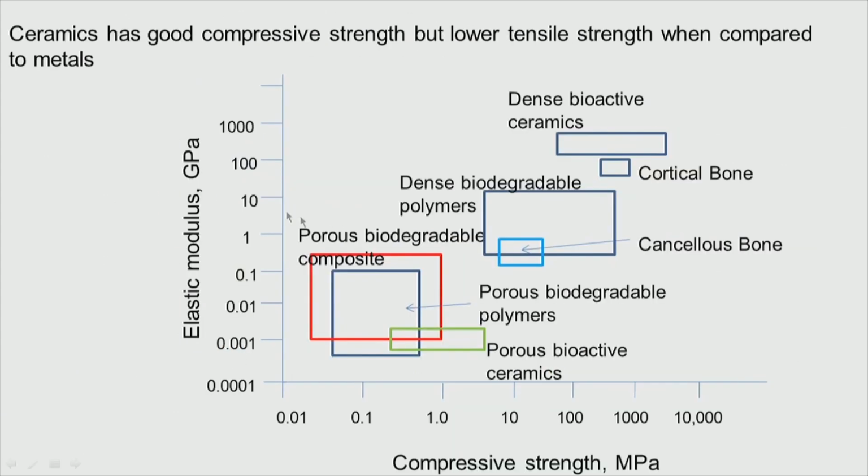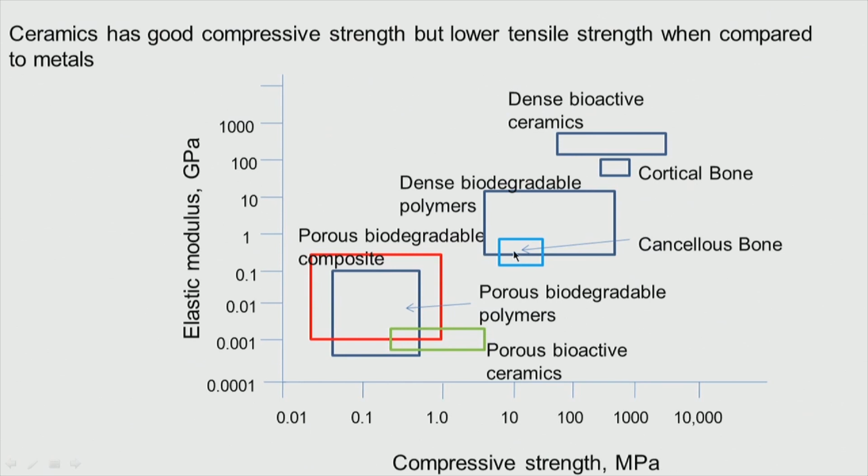So, again this is a very interesting picture. We will talk about this again. We have a lot of difference between the compressive strength and the elastic modulus. Let us not go into the ceramics part, we will talk about that later. But as you can see, the cortical bones have high elastic modulus and compressive strength.